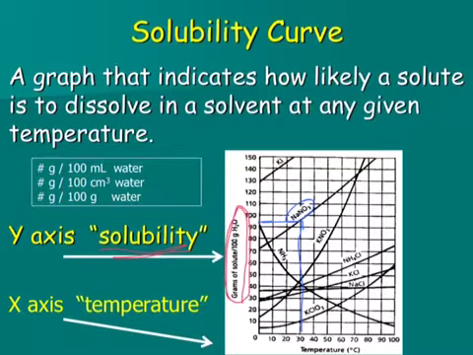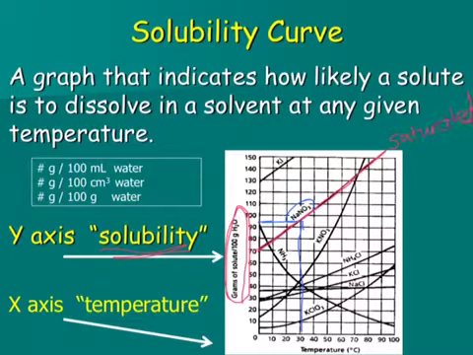So at 30 degrees, which is a little warmer than room temperature, 100 grams of water can dissolve 94 grams of sodium nitrate. So this part of the line represents saturated. So that's the maximum amount.